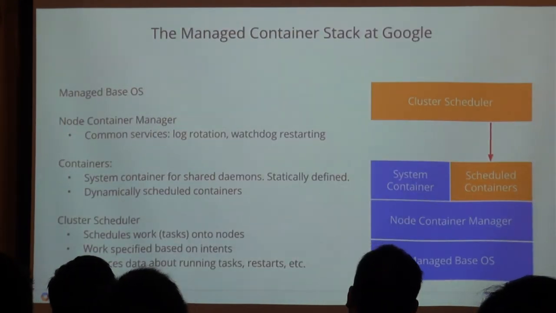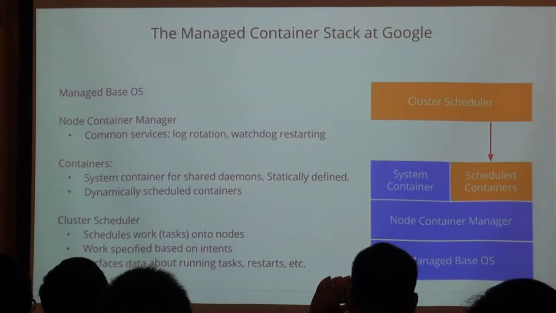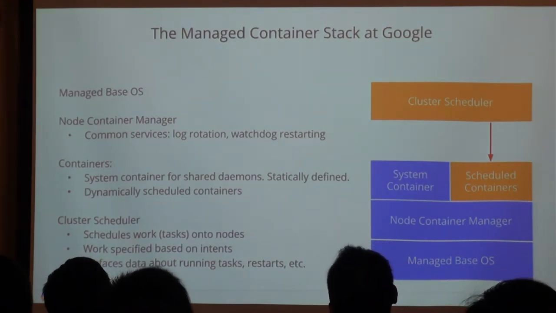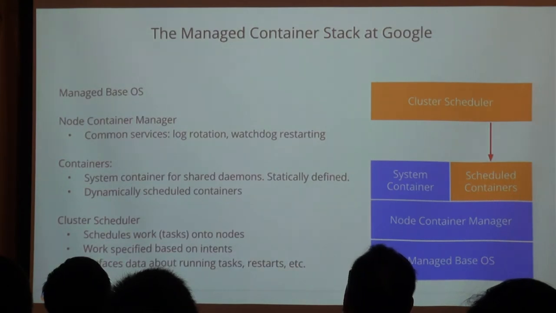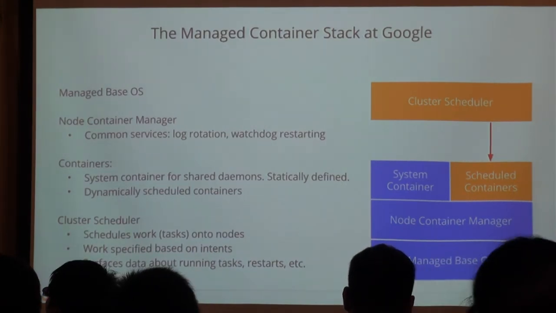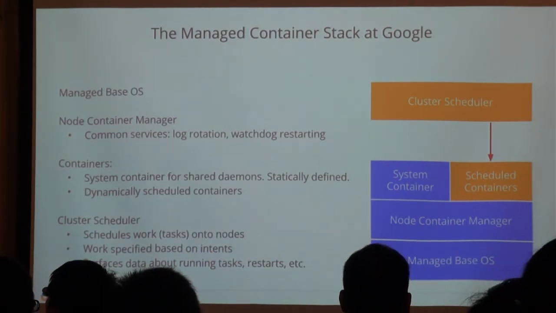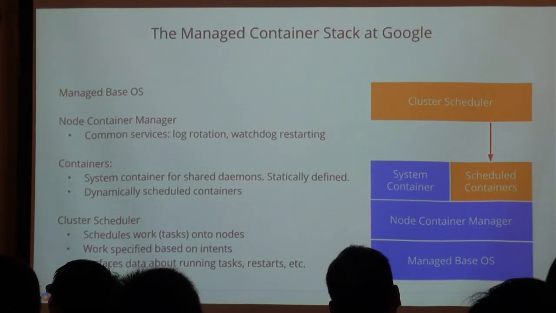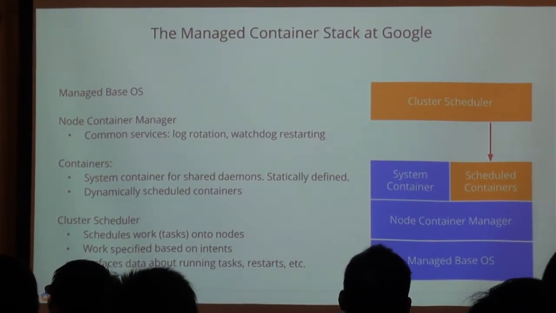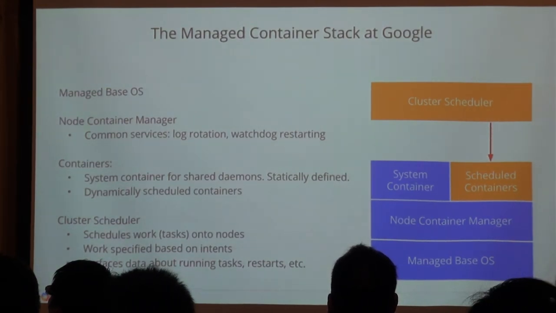So how does the container stack actually work at Google, right? There are two different aspects to it. One is this notion of a managed base operating system, and then there is a container manager for that node on top of that. With just those two, you could do all of the regular stuff that you do with Docker, which is deploy stuff, move that into that location and so on.